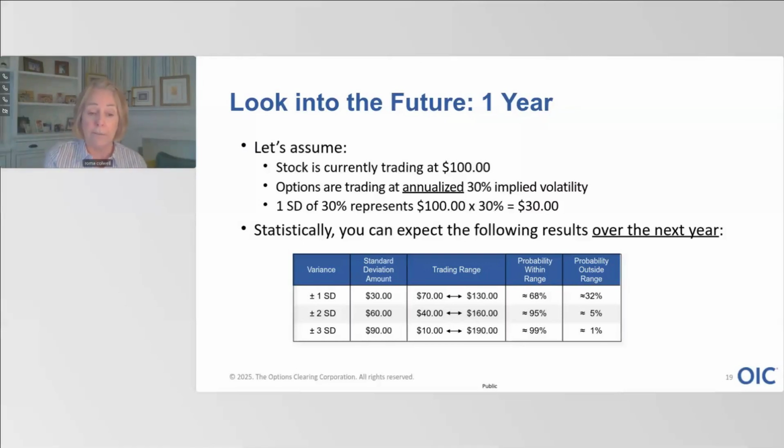If I move down to 3 standard deviations out, we know it's 30%, so 3 standard deviations means the stock has a potential of going down to $10 or going up to 190. So when we're measuring risk, that's what we would be looking at.